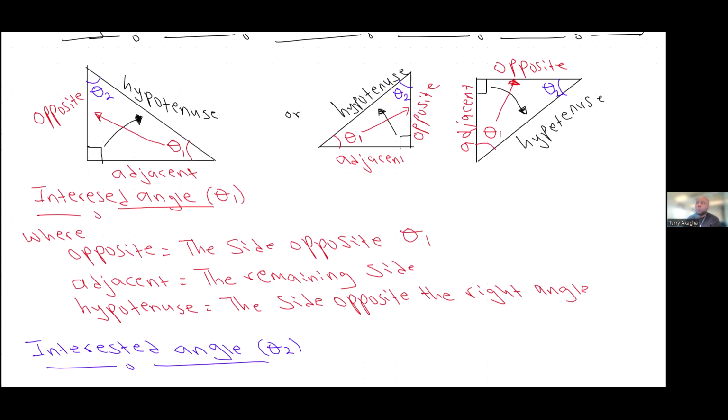So now if we're looking at theta 2 now, all right? So theta 2. Now for theta 2, the side that is going to be opposite it is going to be what? The opposite. So now because in this case, it was the adjacent for theta 1, but it's going to be the opposite for theta 2.